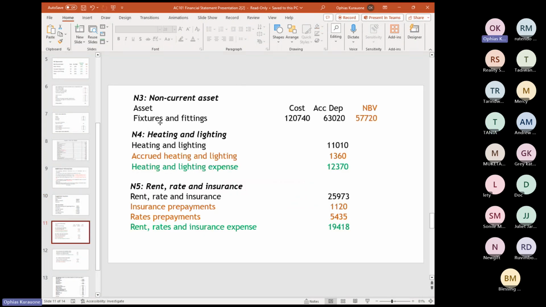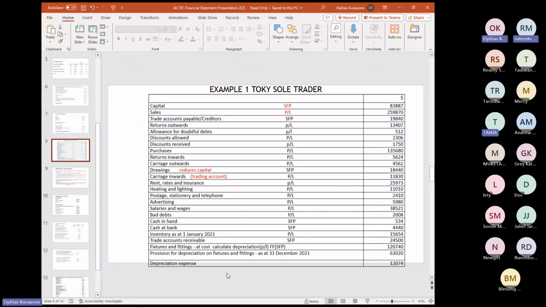Non-current assets, fixtures and fittings, because they are saying the cost of an asset here, we pick here, fixtures and fittings is 12,740. Then you've got the provision on fixtures and fittings as at 31 December 2021.